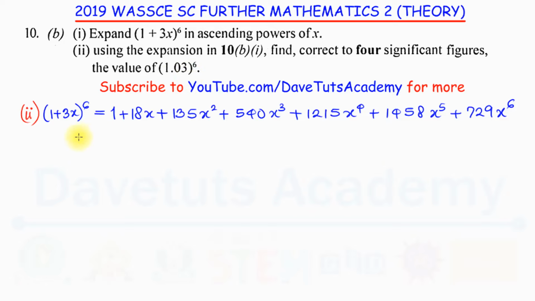If we compare (1 + 3x) raised to the power 6 and 1.03 raised to the power 6, we can see that 1 is common here. We can take the 1 out, so let's write this as an equality.